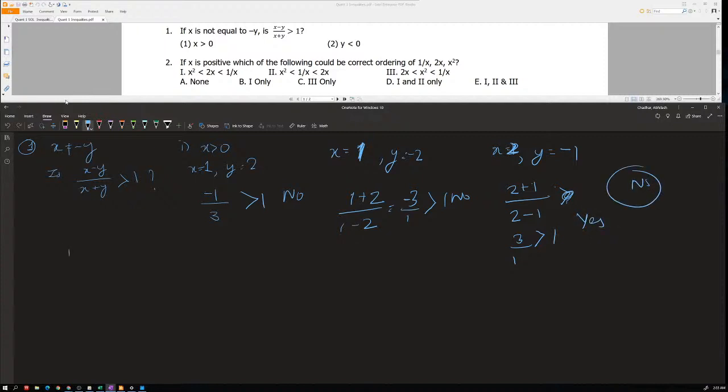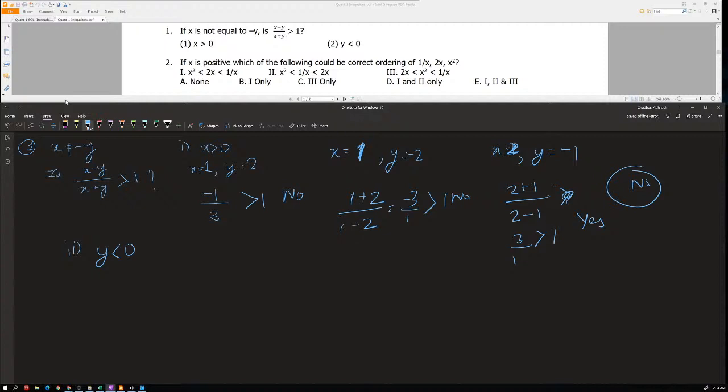Let's take the second condition, which says that y is negative. So here, if we take the single condition without taking anything from the previous one, it depends on the value of x and it depends on the value of y. So there are two things here we have to weigh.